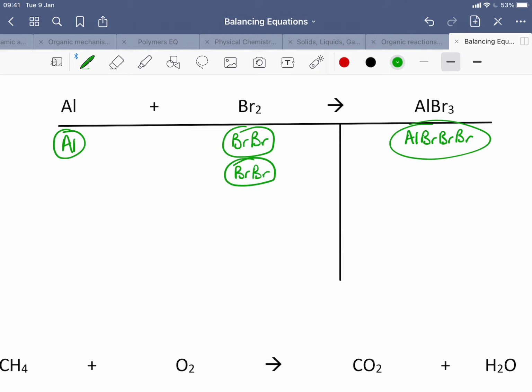So that's what I've done. Let's check that now. I've got 4 bromines on the left, but now I've only got 3 bromines on the right. So now I have too few bromines on the right. So all I can do is add another bubble on the right.